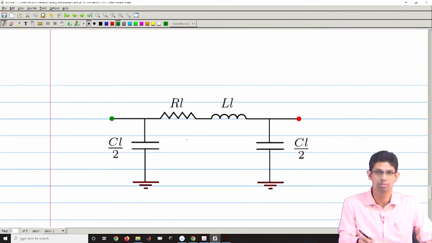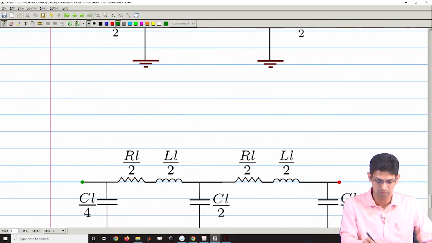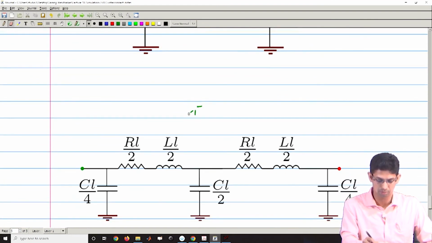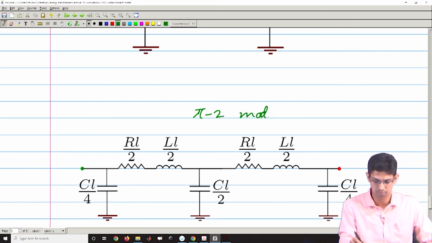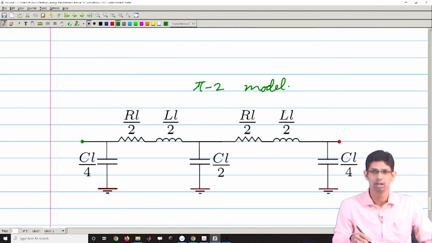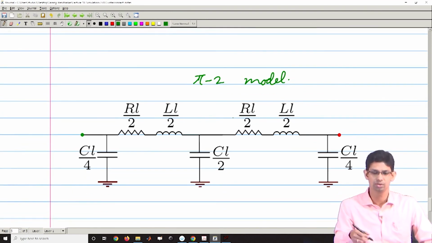So your lumped equivalent model will be, so this will be your pi 1 model and this will be your pi 2 model. And then you can compute these values and then make the circuit.